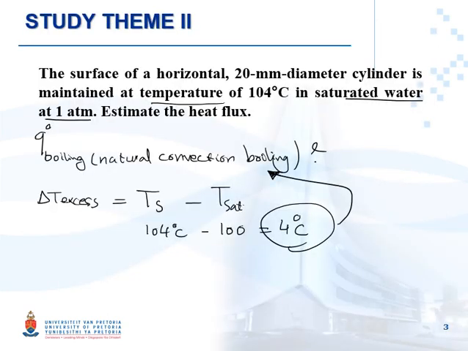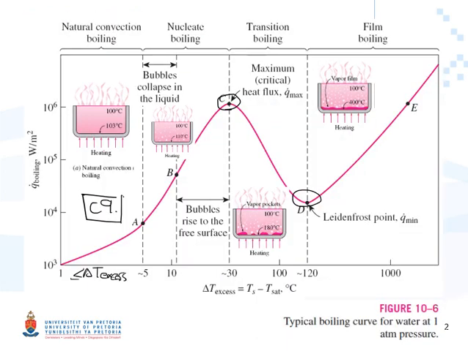First, the first step for you is to calculate delta T excess to see what kind of boiling regime we are talking about. After that you find the right correlation for every single boiling regime that we talked about here. For natural convection boiling, when the delta T excess is between 1 to 5, the same example that we talked about, you go to chapter 9 and you find the answer.